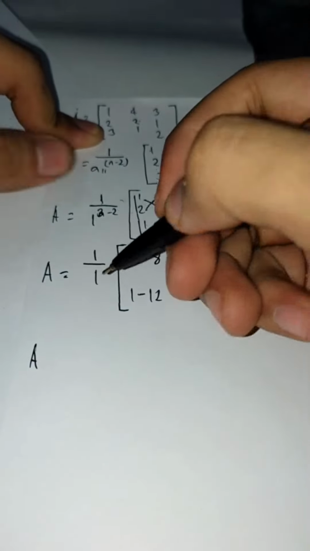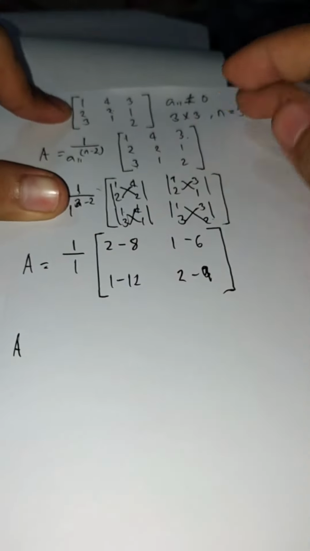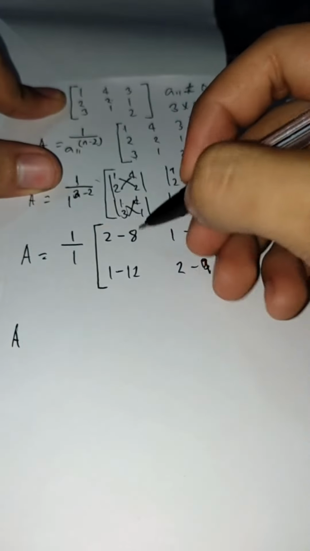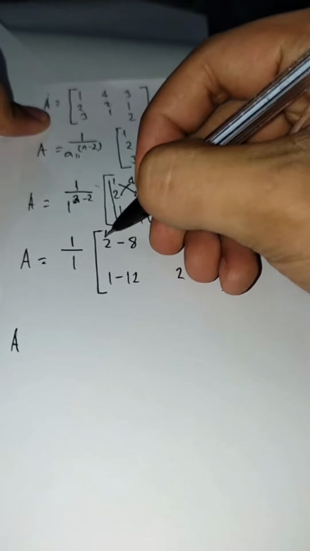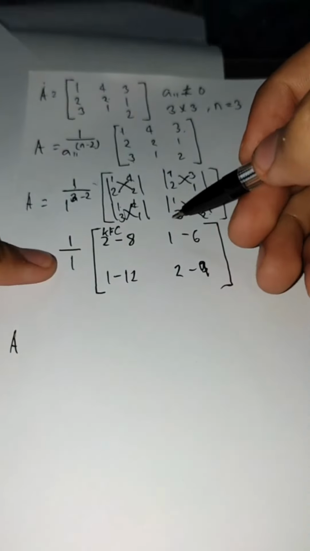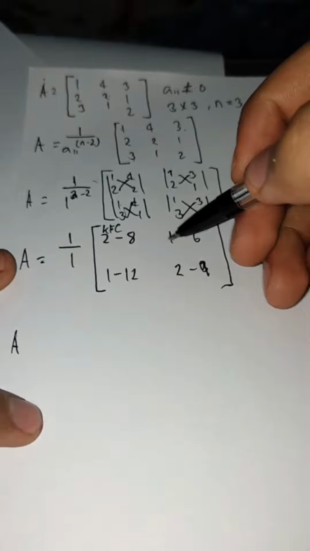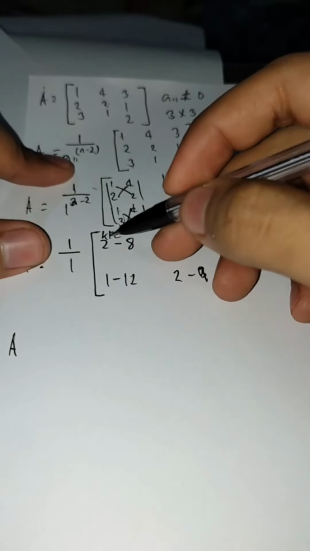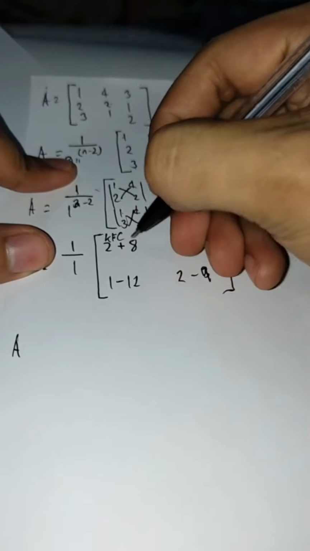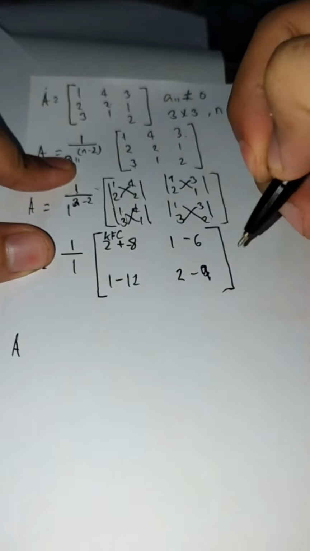Next tayo, gagamit tayo ng KFC dito para masolve natin para sa next na solution natin. Then keep, flip, and then change. So keep, flip, and change. Ganun din sa tatlo na to.